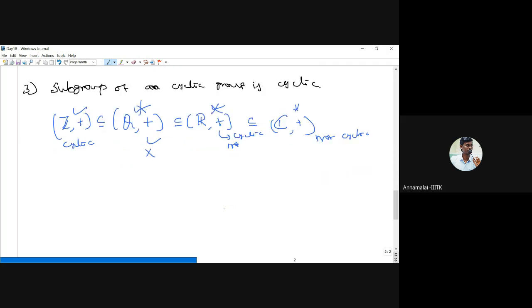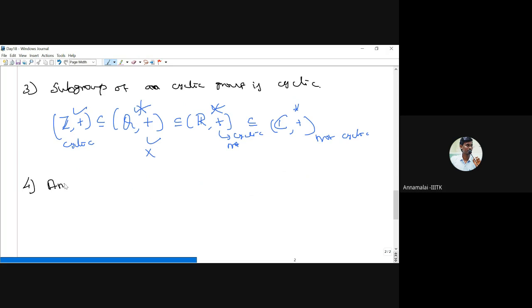Okay. Now there is some characterization: any group of order prime is always cyclic. If you take any group whose order is prime, then the group is automatically a cyclic group.